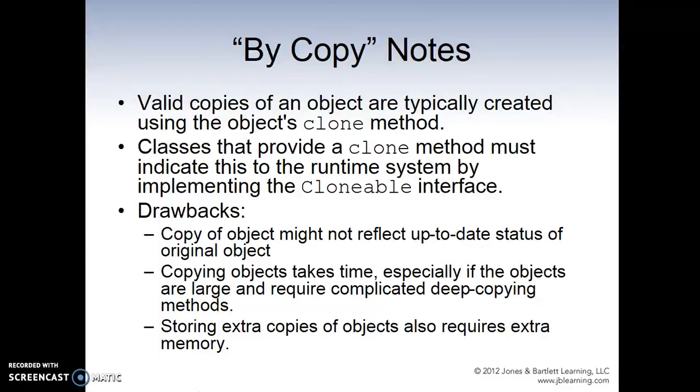So, drawbacks: a copy of an object might not reflect the up-to-date status of the original object. Copying objects takes time, especially if the objects are large and require complicated deep copying methods. Storing extra copies of objects also requires extra memory.